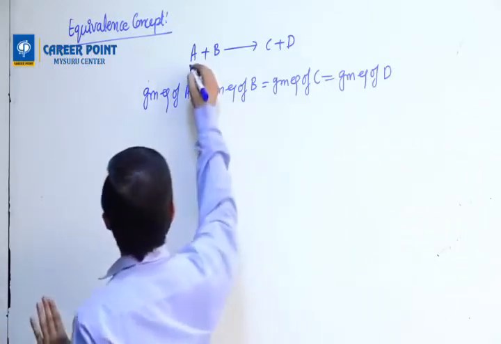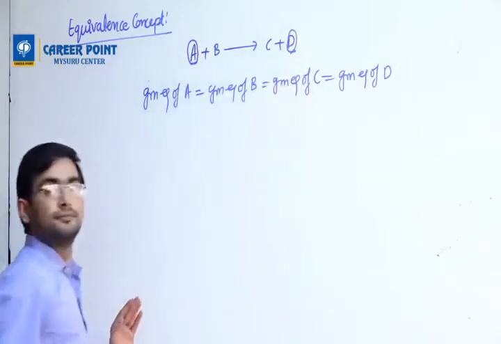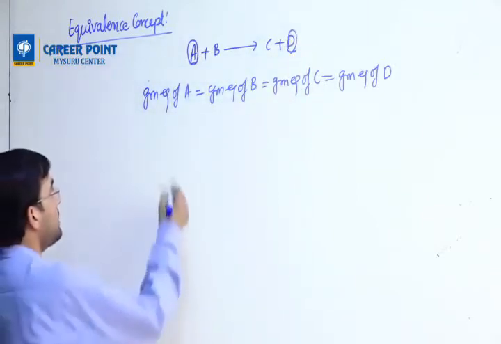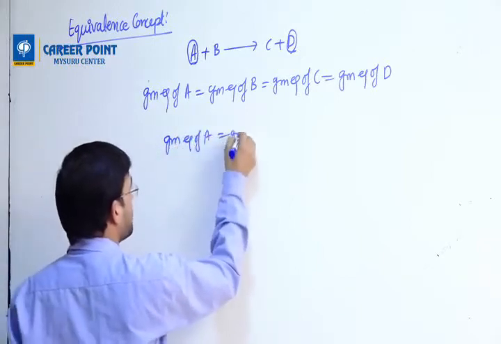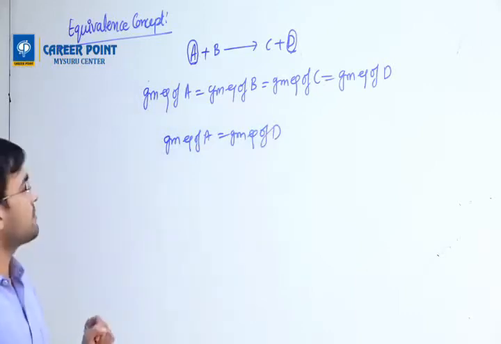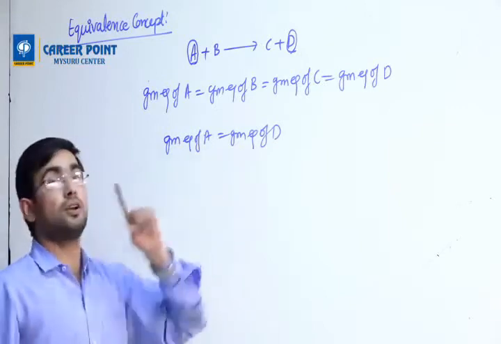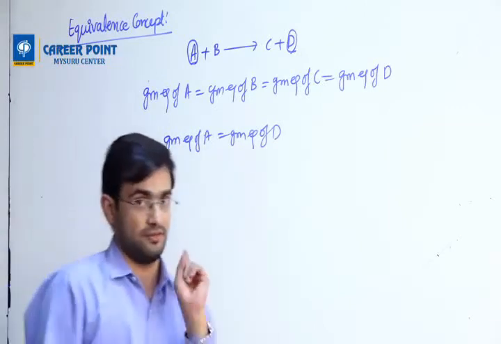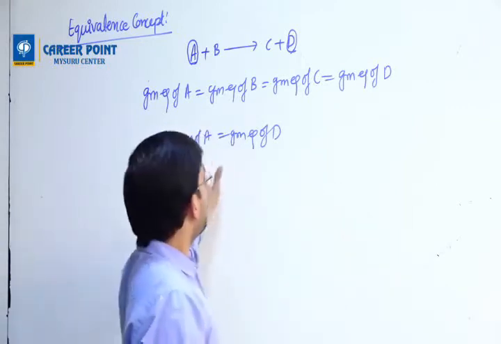Now, if they give me data for A and ask me data of D, then I should write gram equivalent of A equals gram equivalent of D. Easy. Whichever data is given and whichever data they are asking, their gram equivalents are equal, not the moles. This is important: the moles are not equal, what is equal is gram equivalent.